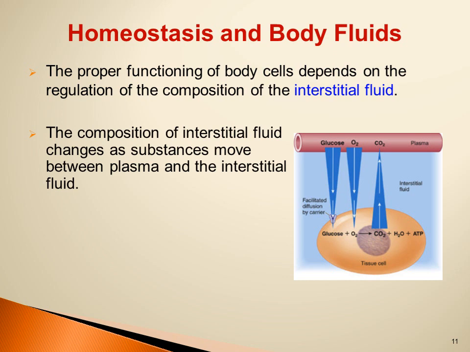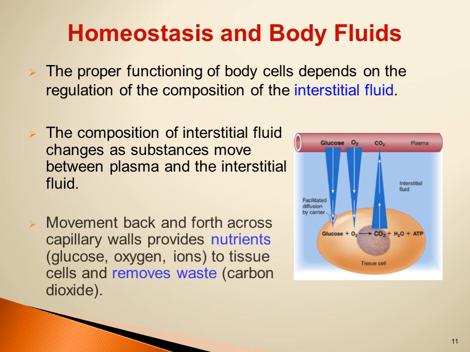The composition of the interstitial fluid changes continuously because substances move between the plasma and the interstitial fluid, and the backward and forward movement of these substances across the capillary wall provides nutrients like glucose, oxygen and ions to the cells of the tissue and removes waste.